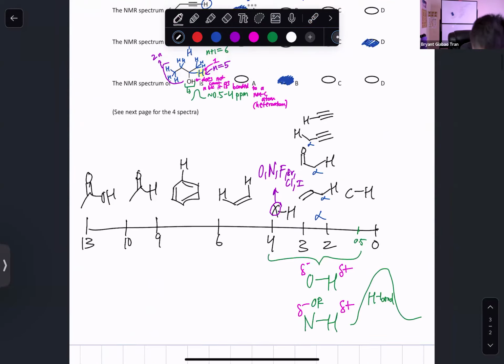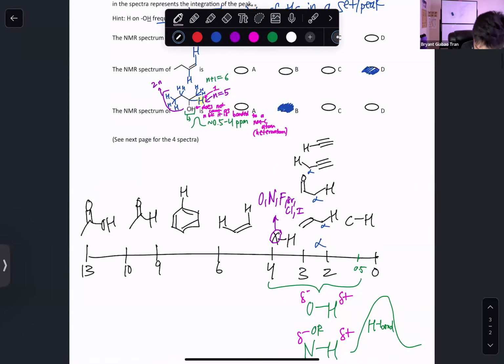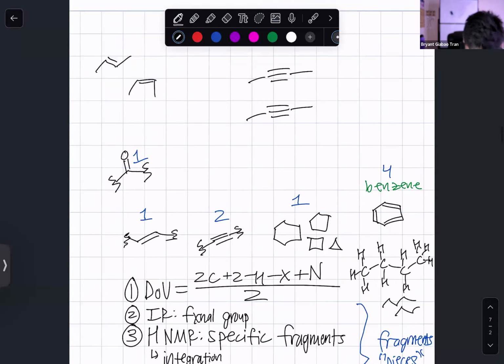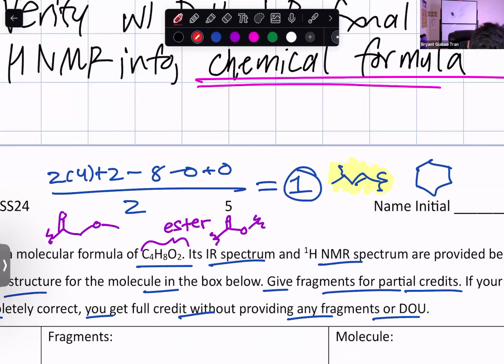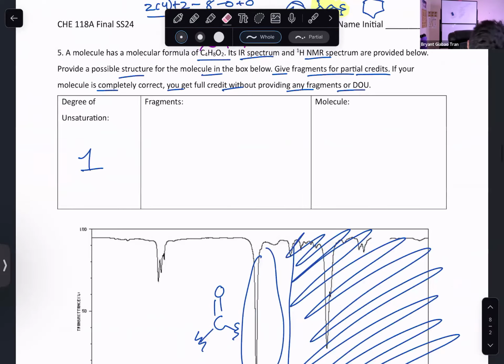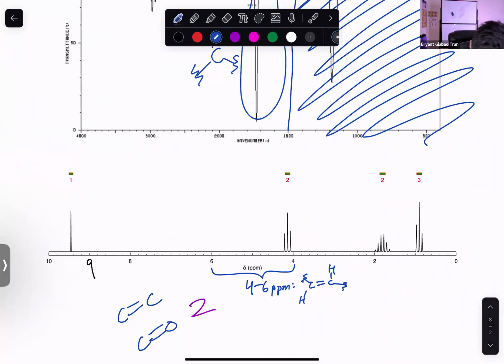What functional group do you guys notice between 9 to 10? Aldehyde, right? So that piece of information right there eliminates this option, ester, right? So we most likely have an aldehyde based on this peak right here.